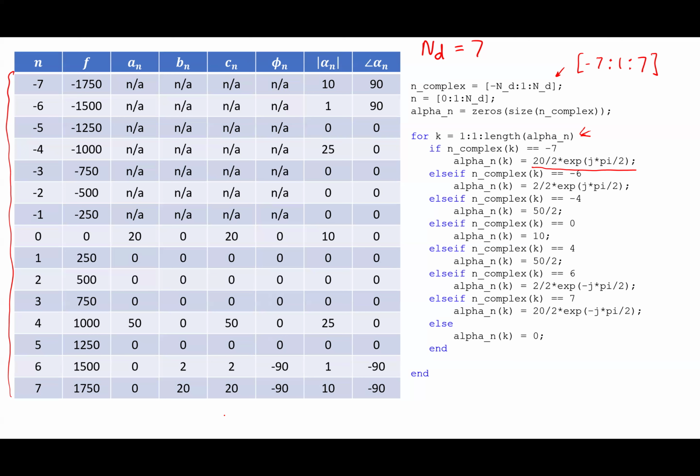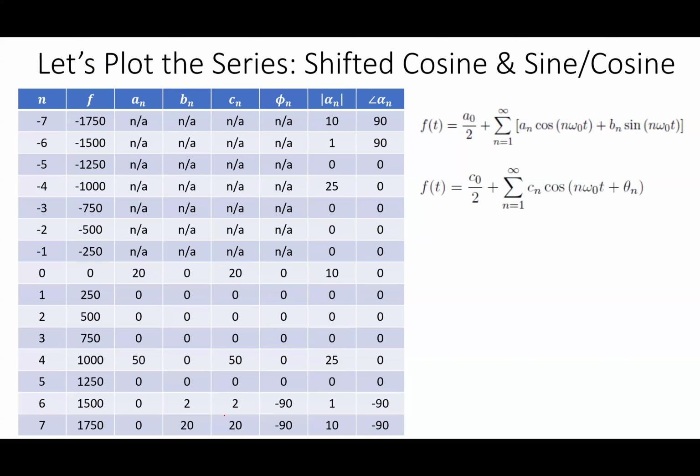All right. Now the last part is I ask you to use those coefficients to create the series. What that means is I want to create those summations. Okay. How would I create those summations? Let's start with the first form of the series, the sine cosine.